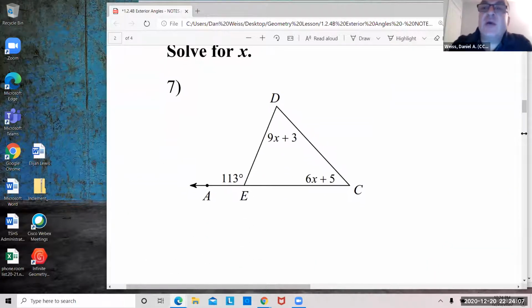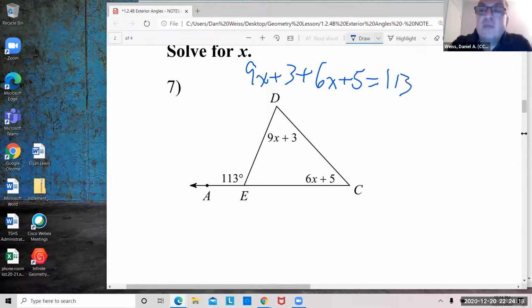Solve for x. 9x plus 3 plus 6x plus 5 equals 113. No problem.